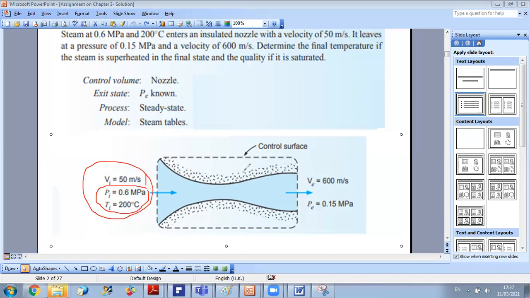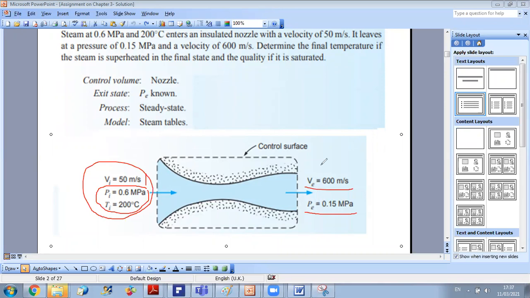Now, at the exit conditions, we know also the exit velocity and the exit pressure, but maybe we need other information, because at a certain point, to know all the information, I need to know at least two properties.